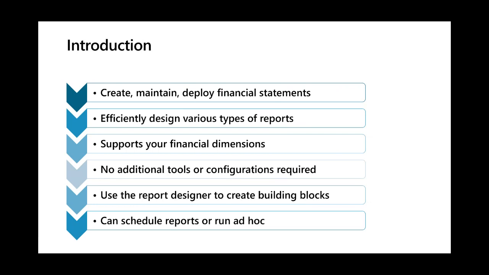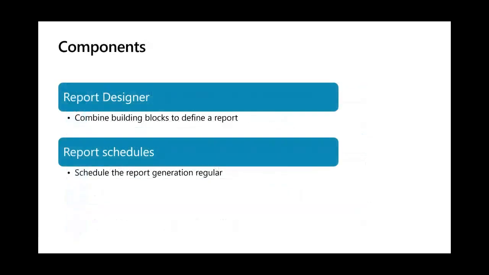All right, with that, I go double click on the components we have. The financial reporting has two components. The report designer, which helps you to combine building blocks to define a report, and the report schedules, which helps you to automate the report generation.